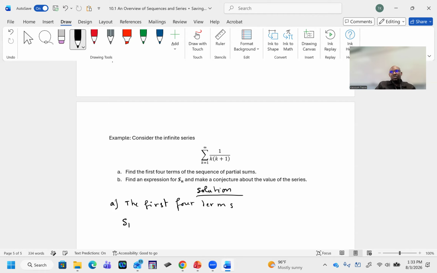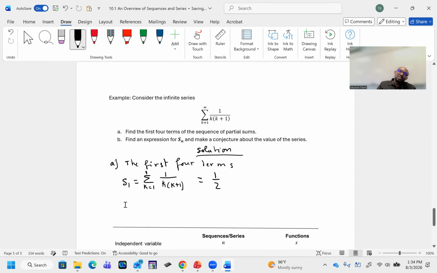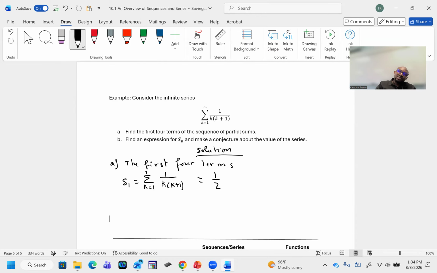S1 will be equal to the sum of 1 divided by k times k plus 1, k from 1 to 1. So it's just 1 term. That would give us 1/2, right? Because k is 1. If you substitute 1, this is what you would exactly get.